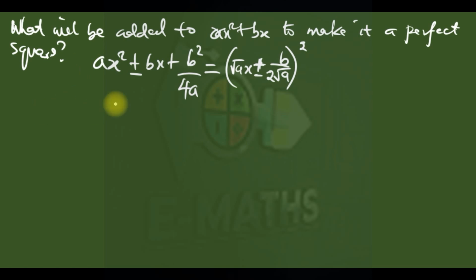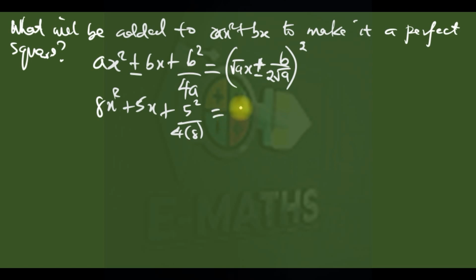So for example, if you have 8x squared plus 5x, if we want to make this a perfect square, we'll add 5 squared over 4 times 8.